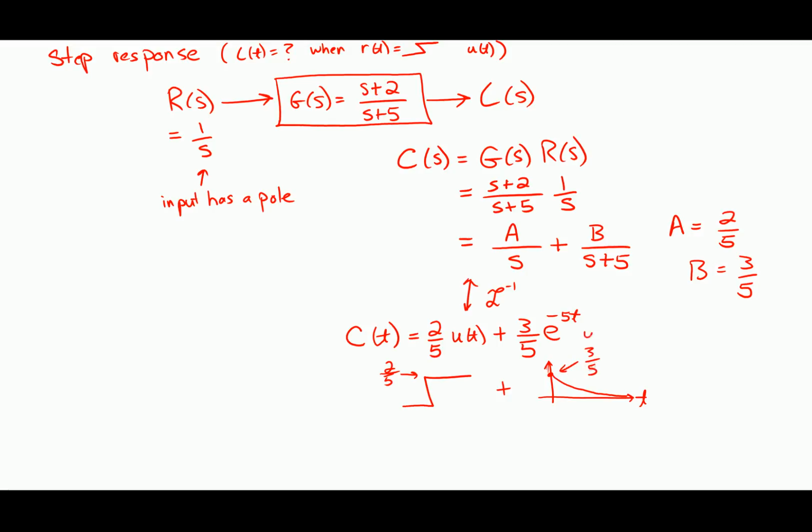I should be careful: this is actually a decaying exponential times u of t. His peak value would be 3/5, starting at time t equal to 0, and he would decay. The combination of these two things ultimately looks like that if I add the two of them together. You can work that out. It's not a hard thing to do.